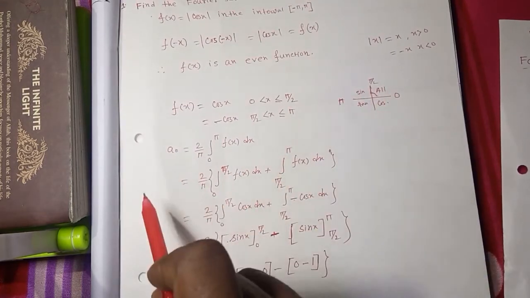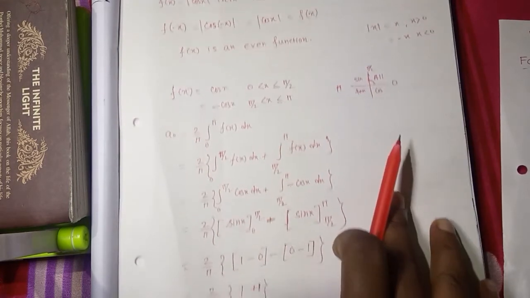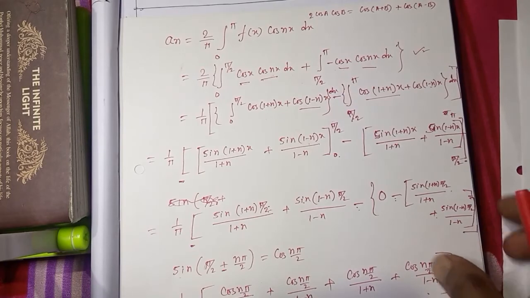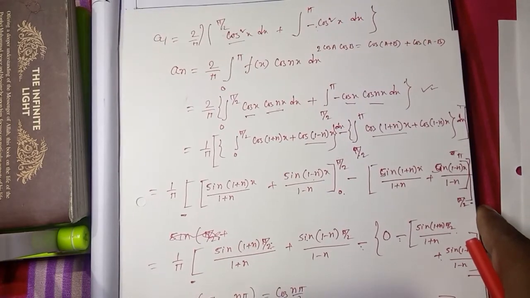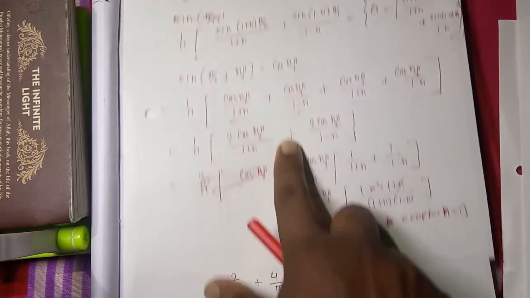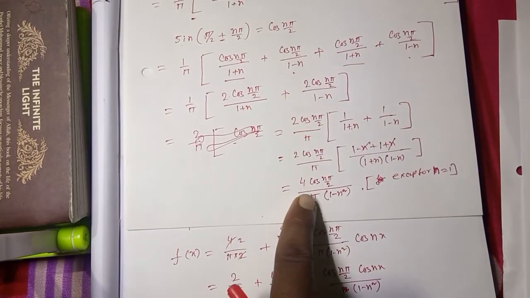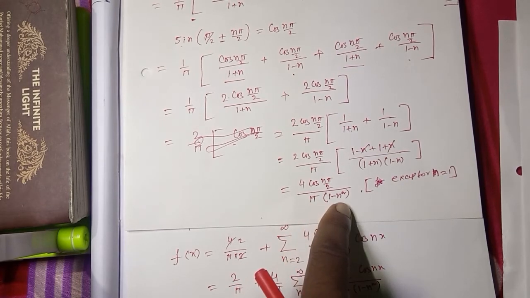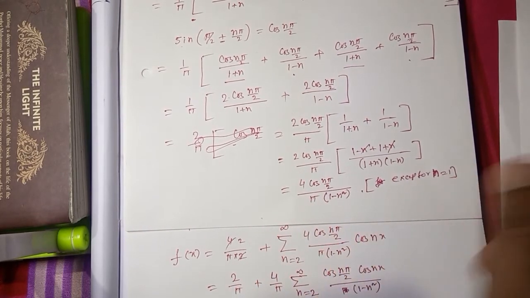And here we compute a0 first, 4 by pi, and then we compute an, and this an is equal to 4 cos of n pi by 2 by pi into 1 minus n square, except for n equal to 1.